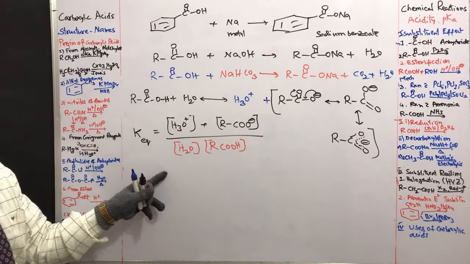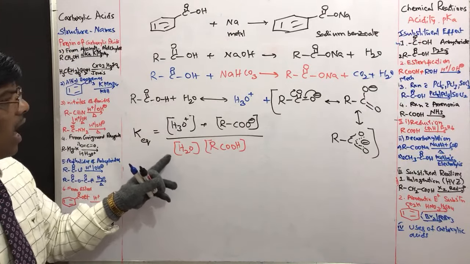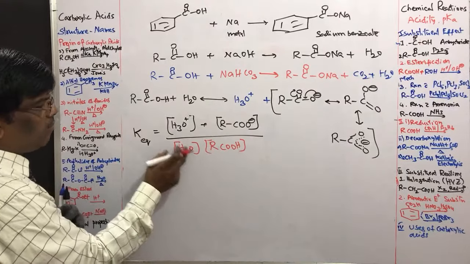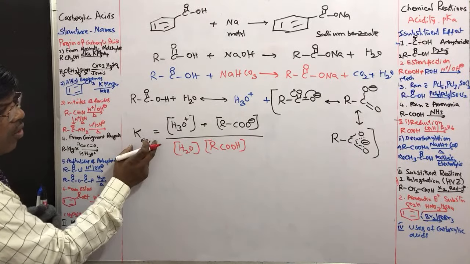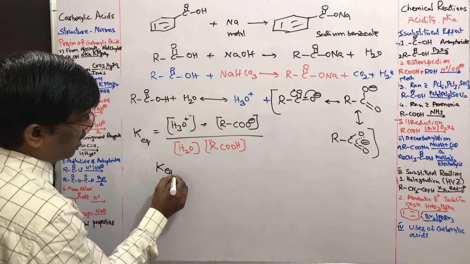Since water is used in huge amount, and only infinitesimal dissolution takes place with respect to the acid, it can be brought to the left side to give the equilibrium constant.